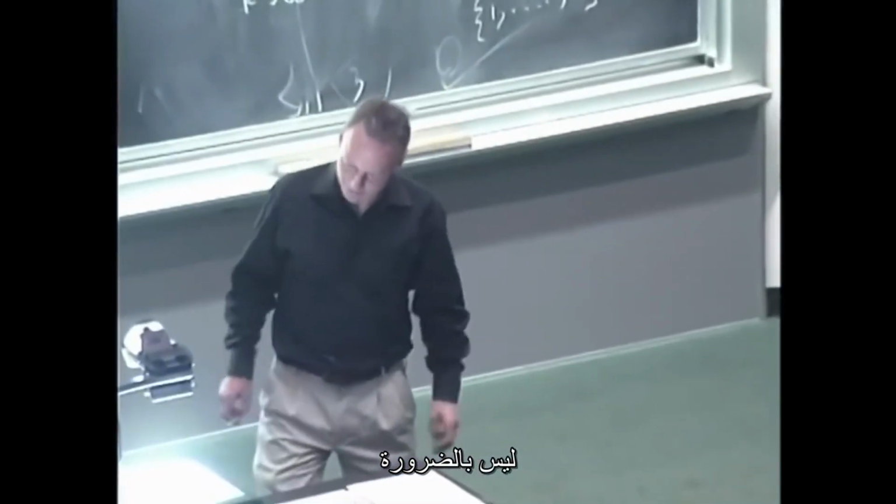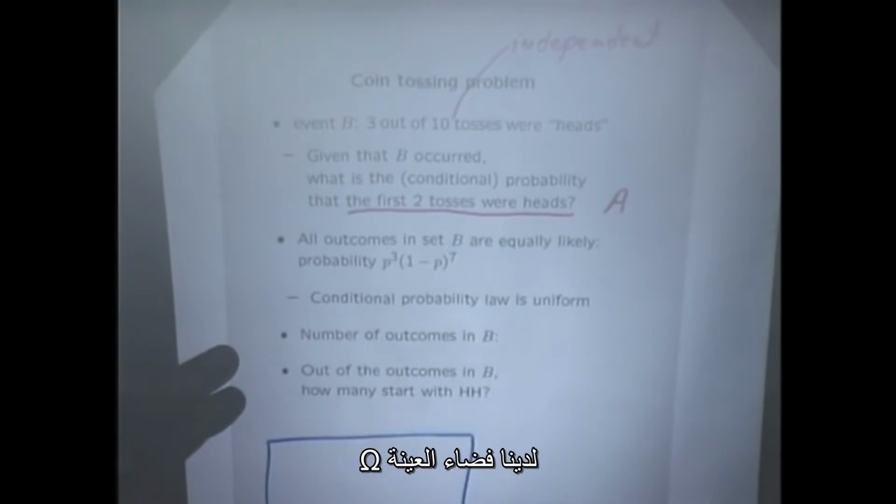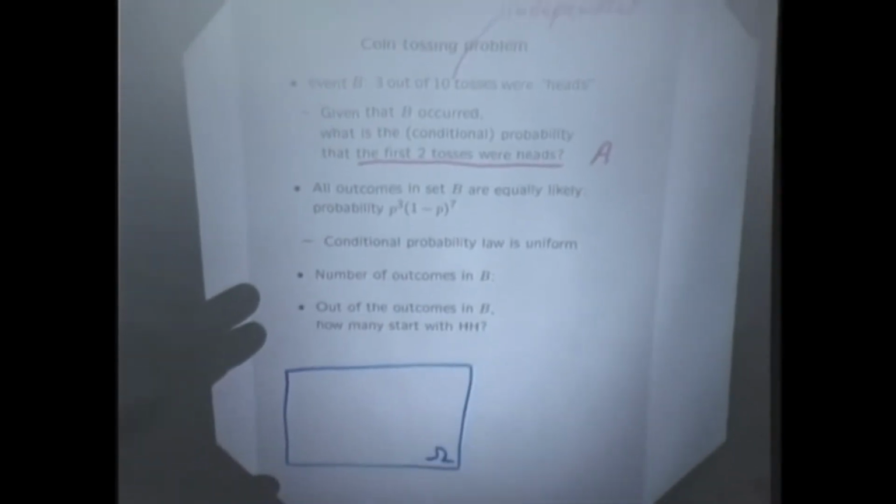Not necessarily. All the action now happens inside the event B that we're told has occurred. So we have our big sample space, omega. Elements of that sample space are not equally likely. We are told that a certain event B occurred, and inside that event B, we're asked to find the conditional probability that A has also occurred.